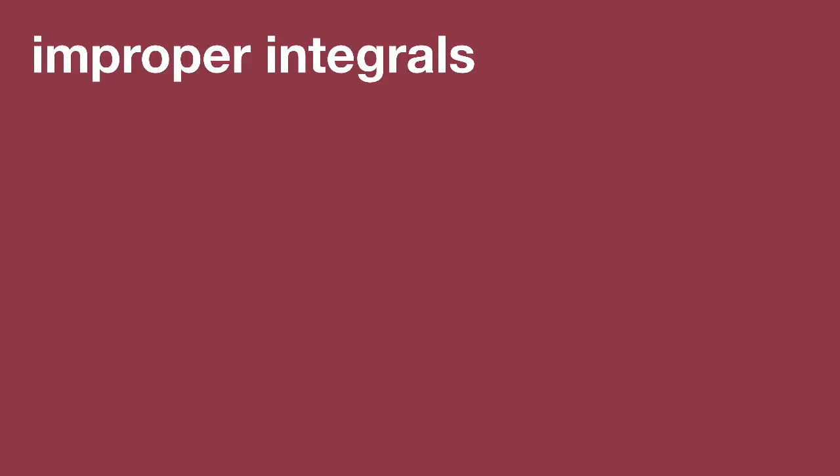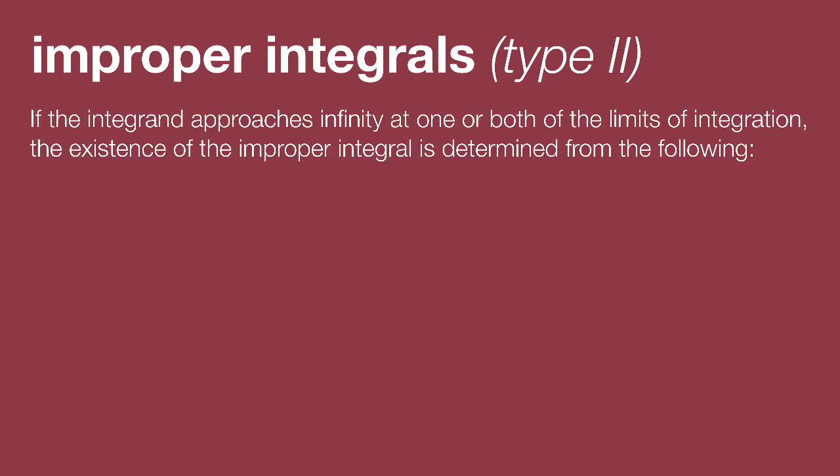So now we move on to the second type of improper integrals. Kapag yung kaninang second condition, yung mismo integrand, yung hindi continuous dun sa limits of integration, yung hindi nasusunod. If the integrand approaches infinity at one or both of the limits of integration, the existence of the improper integral is determined from the following.